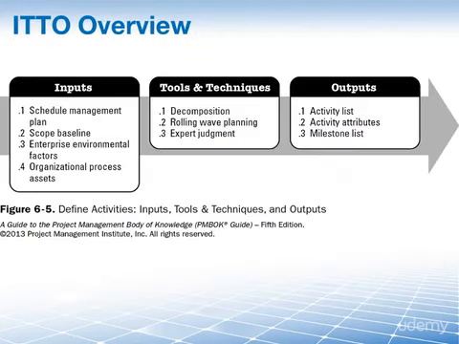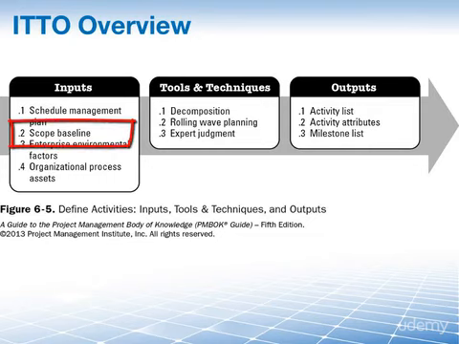Before digging into each of the inputs, tools, techniques, and outputs of this process, let's take a look at our overview here and remind ourselves, what again is it that we're doing? We're taking the WBS and we're breaking it down into the activities that need to be performed.